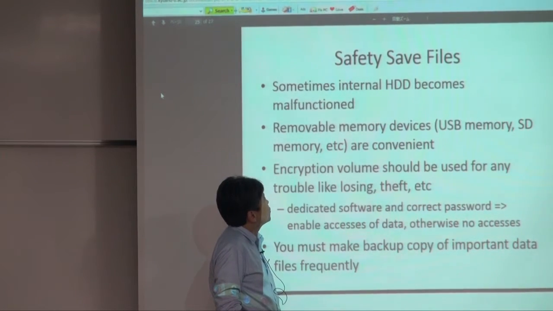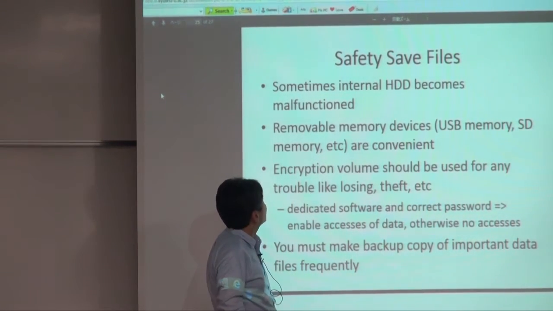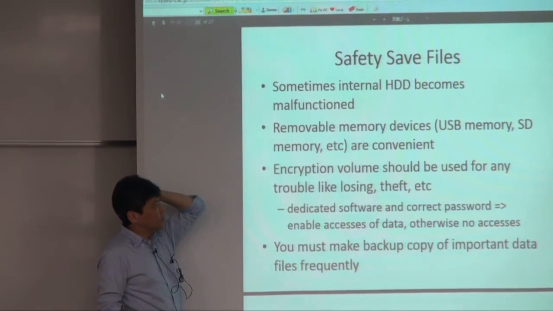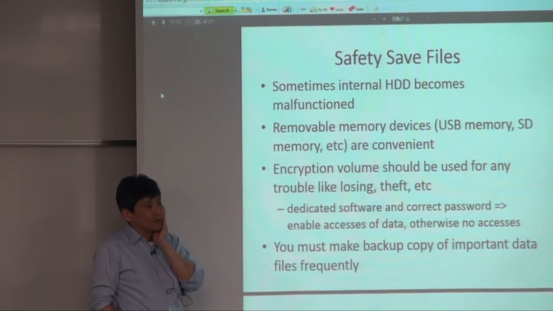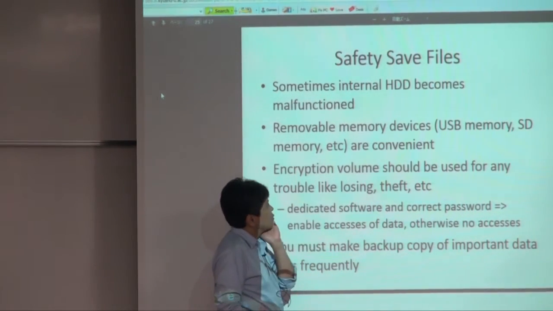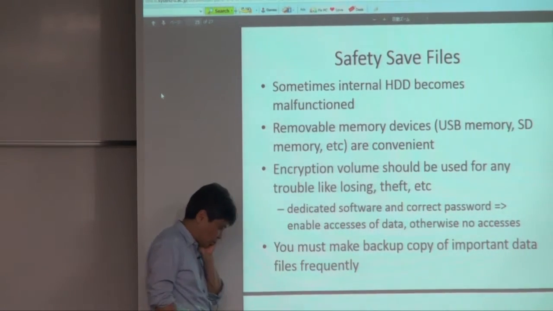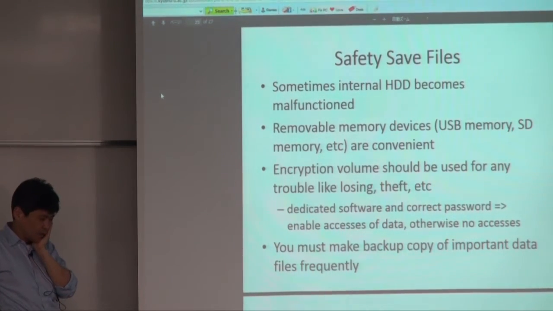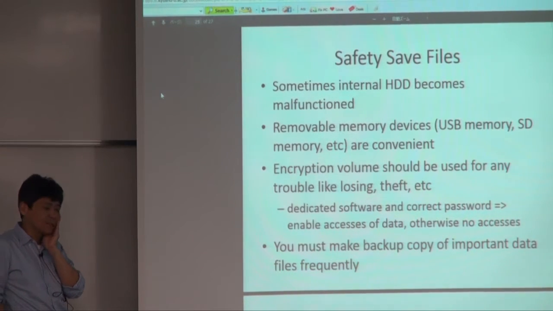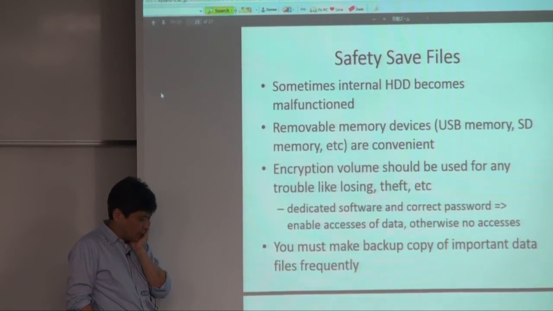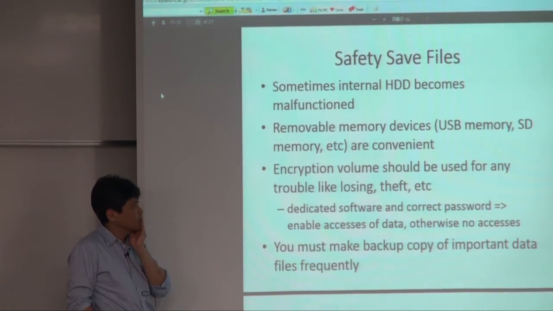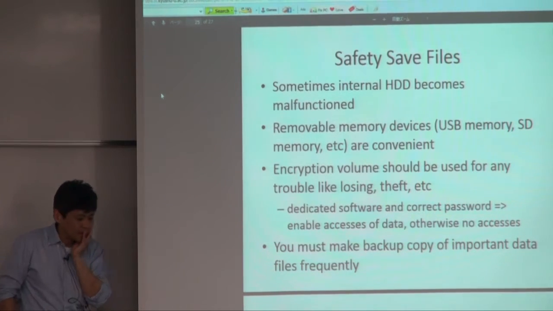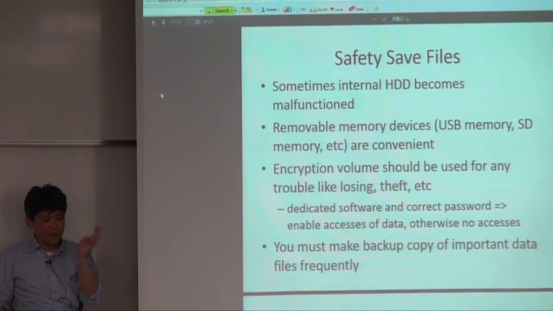So for protecting against such damage, a removable memory device is convenient. Also, an encrypted volume is very convenient for safely protecting the contents of the file from illegal access. Okay. So there is also encryption for the message, receiver and server information.